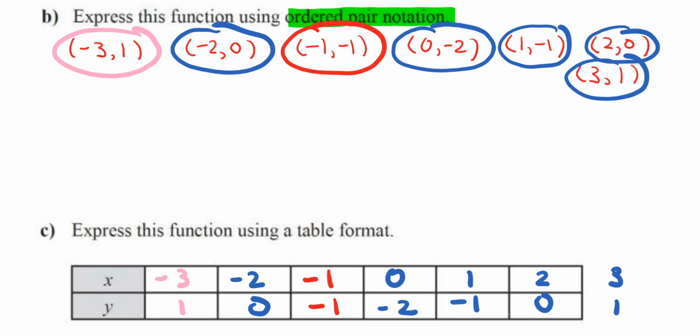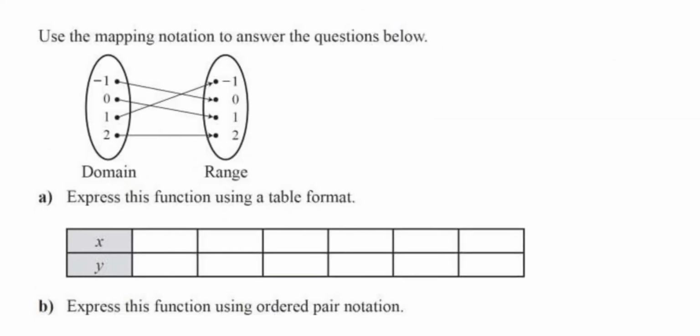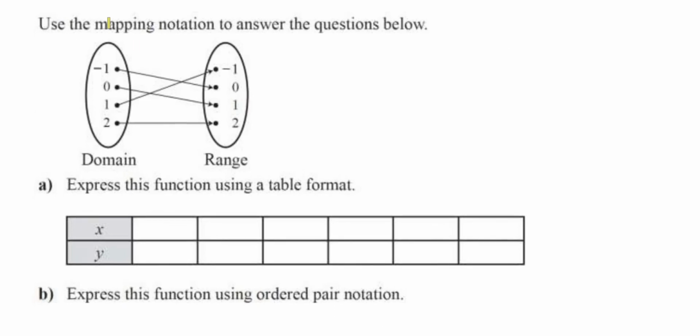Let's move on to question number 12 now. For question number 12, I need to use the mapping notation to answer the questions below. So here's my domain, there's my range, and I need to express this function using a table format. Okay, so I have a -1 here, and that -1 corresponds to this 0, so that's going to be written as -1 and 0. After that, I have 0, and that corresponds to this 1, so now I have 0 and 1.